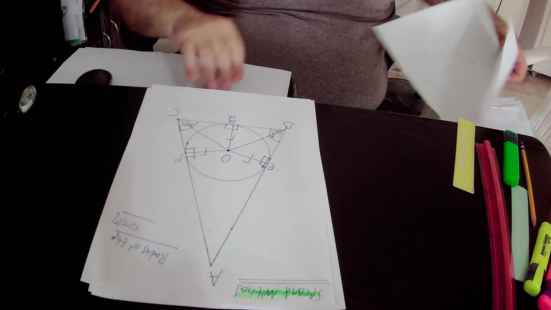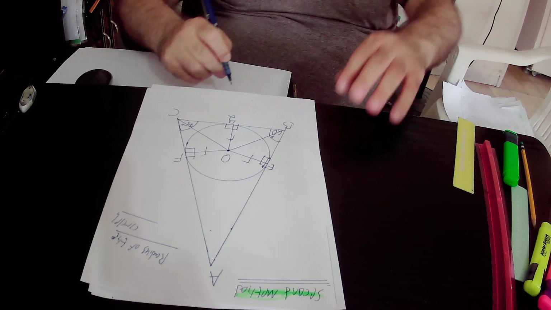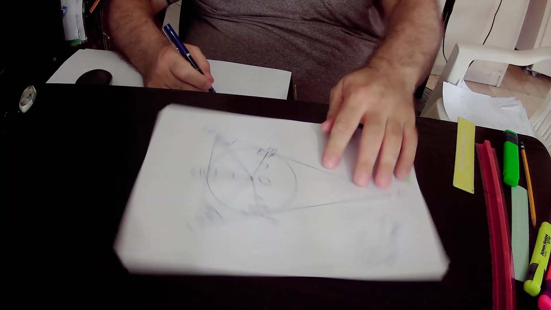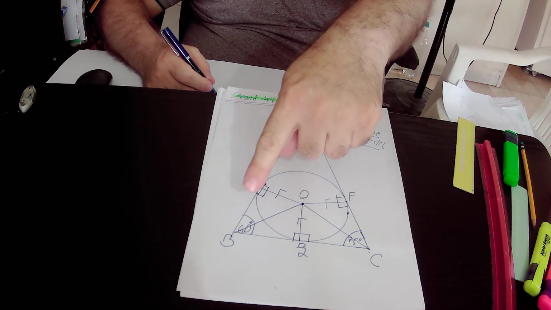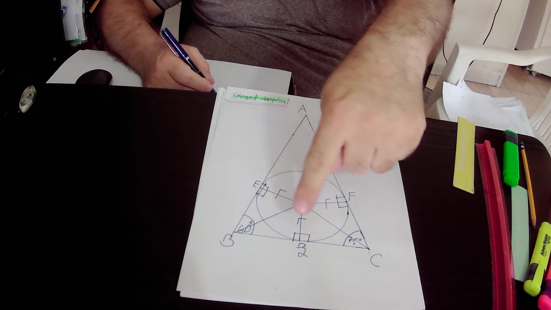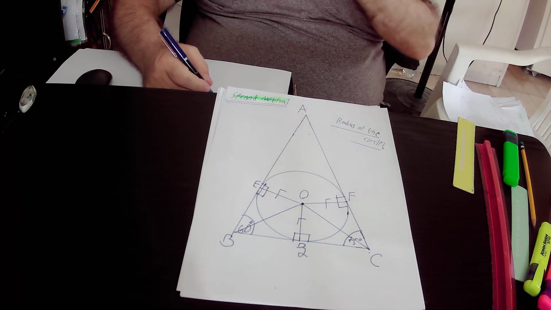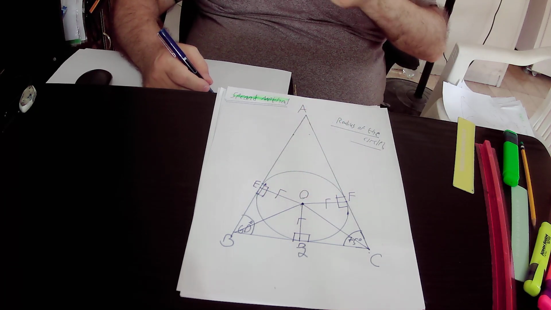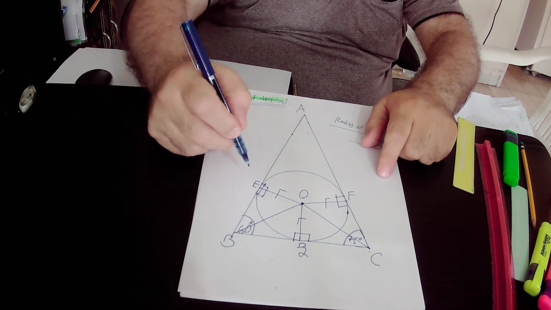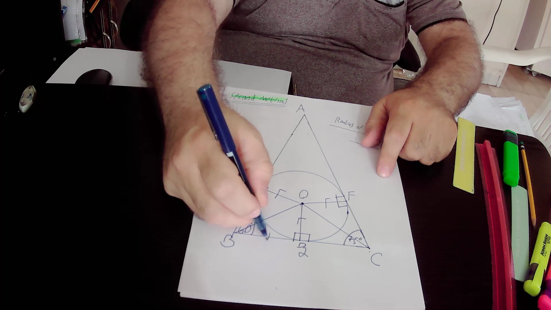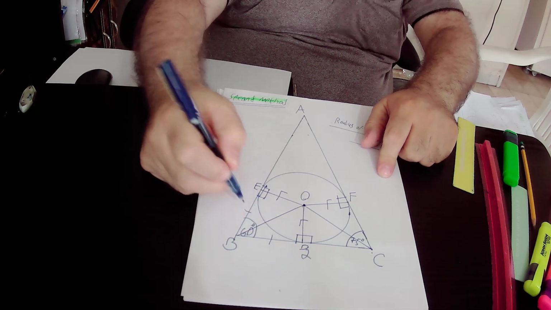Okay, so here from the common external point, point B, we have two tangents to this circle, tangent BE and tangent BD, and according to rule number 2, the lengths of those two tangents must be equal to each other. That is to say, BD equals EB.